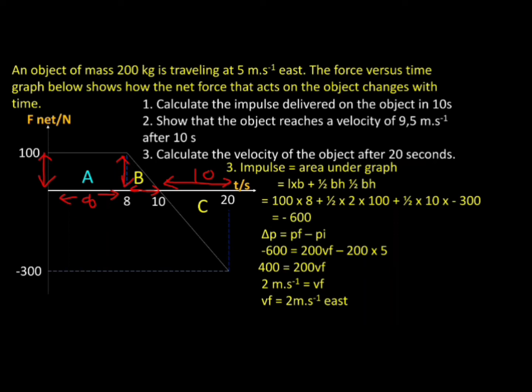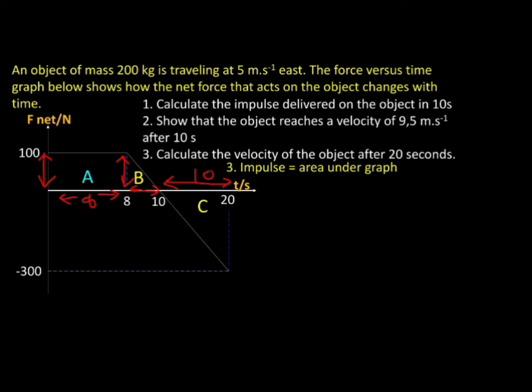Alternatively, I could use another technique. Instead of calculating the impulse for the entire region, I could calculate the impulse only for C. Why am I doing that? Because I know that here the velocity is 9,5.